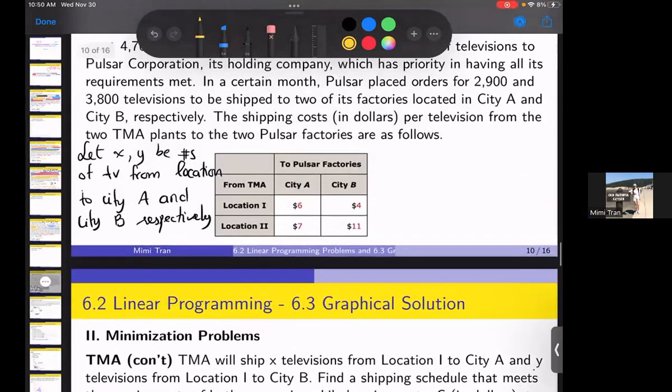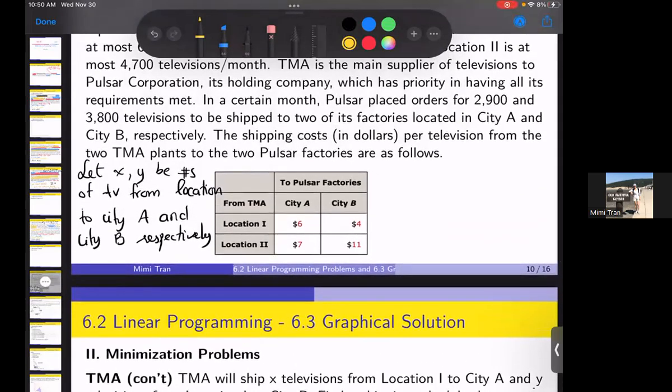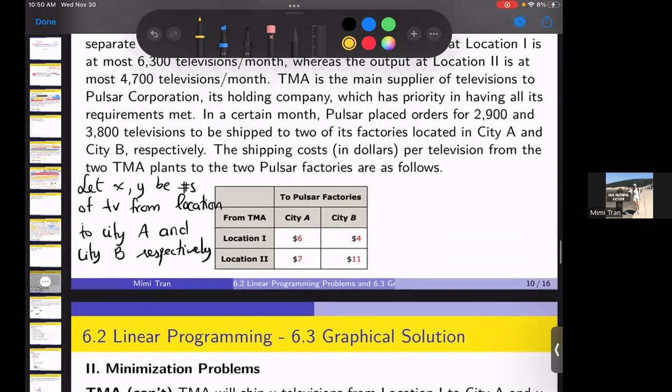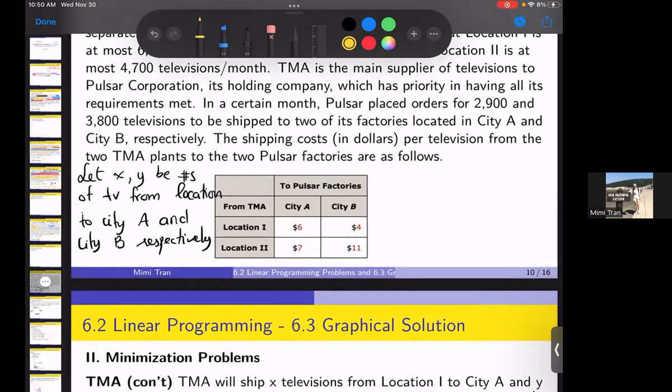How many TVs are POSA buying from TMA per month to be shipped to CDA and CDB? 2,900 to ship to CDA, and then another 3,800 to ship to CDB.